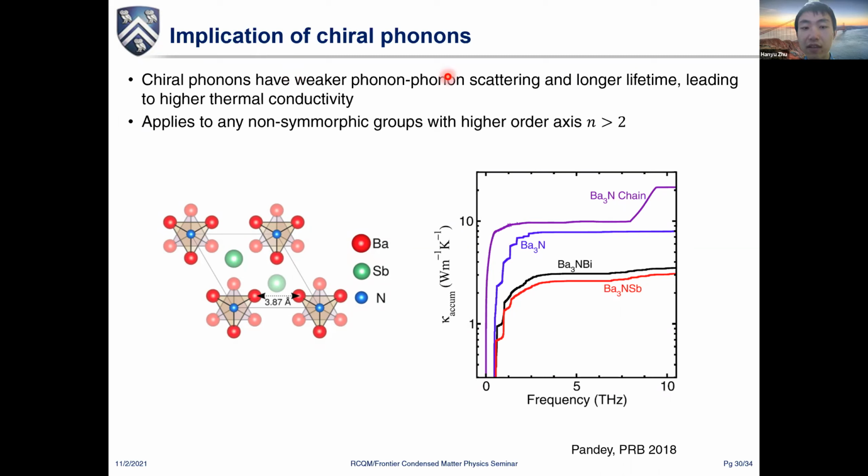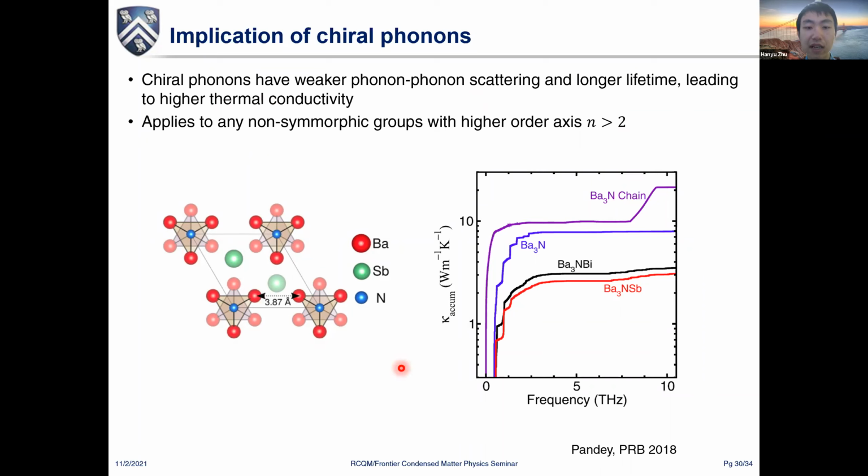So the first consequence is that they have longer lifetime and potentially higher thermal conductivity. And such a protection does not require the phonons to be perfectly circular. And indeed, thermal conductivity involves a lot of phonons, right? As long as it's partially chiral, you will start to see the effect.